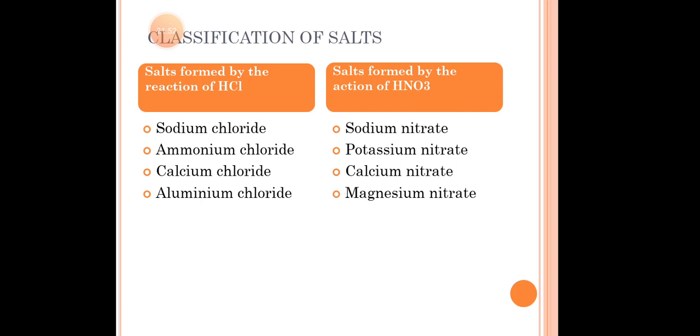As far as the 10th standard is concerned, we are given 6 different salts to learn in detail. The textbook contains only the preparation and uses of 6 different salts, but we also need to know about the classification, family of salts, and also the various properties of the salts.